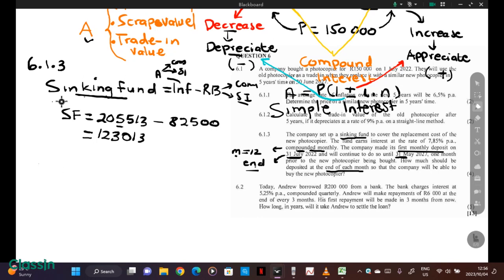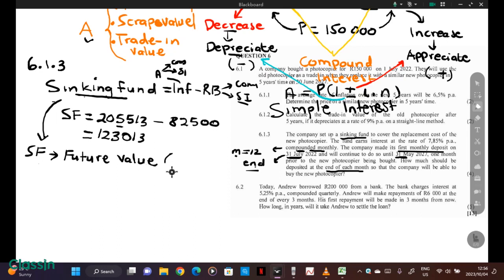So every time you go another term, sinking fund, you must think about the future value.